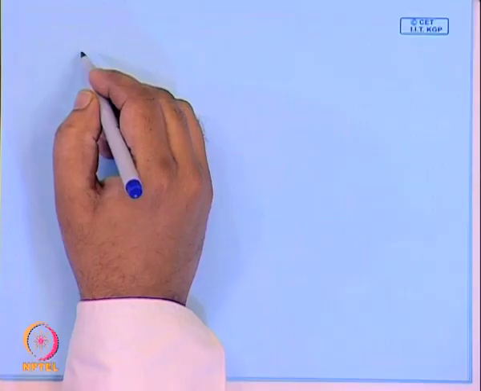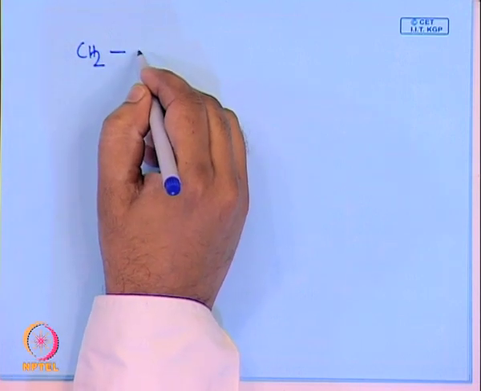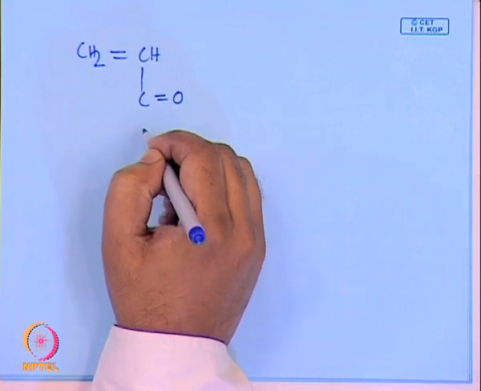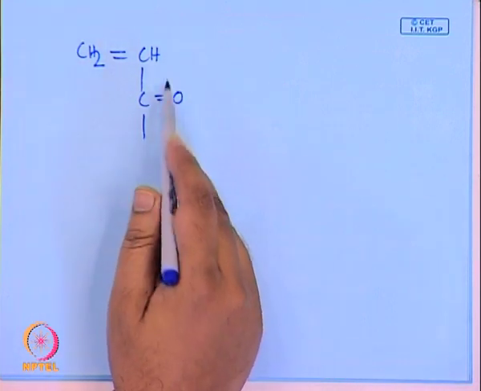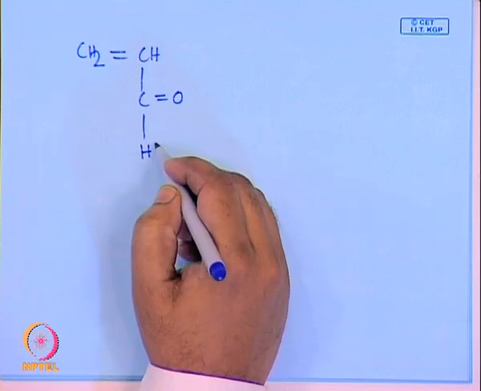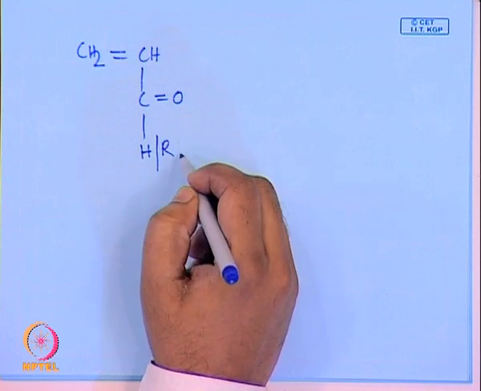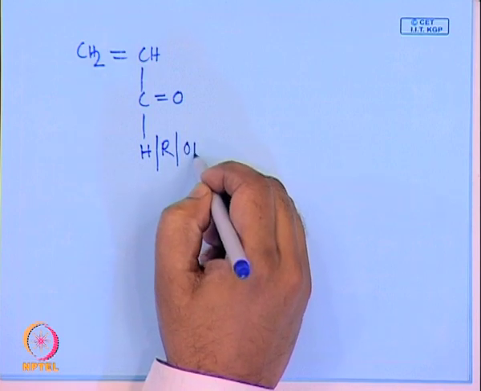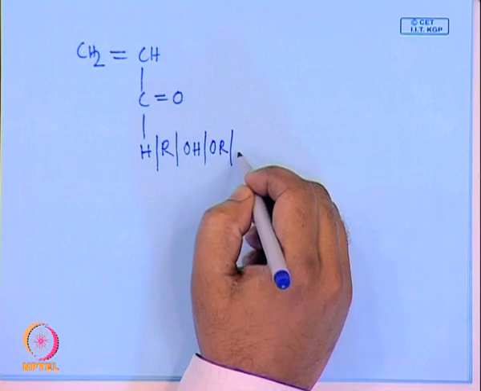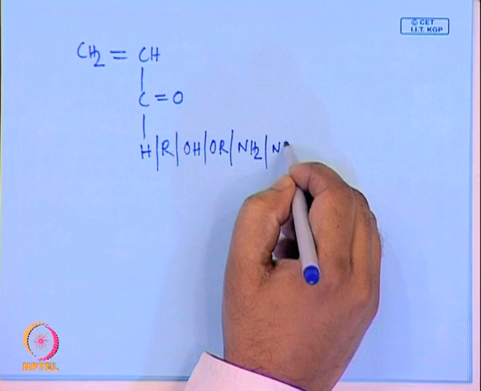For example, we have a monomer like this. It could be an aldehyde group, the substitution could be an aldehyde group or, say, a ketone or an acid or an ester or amine, amide, like this.